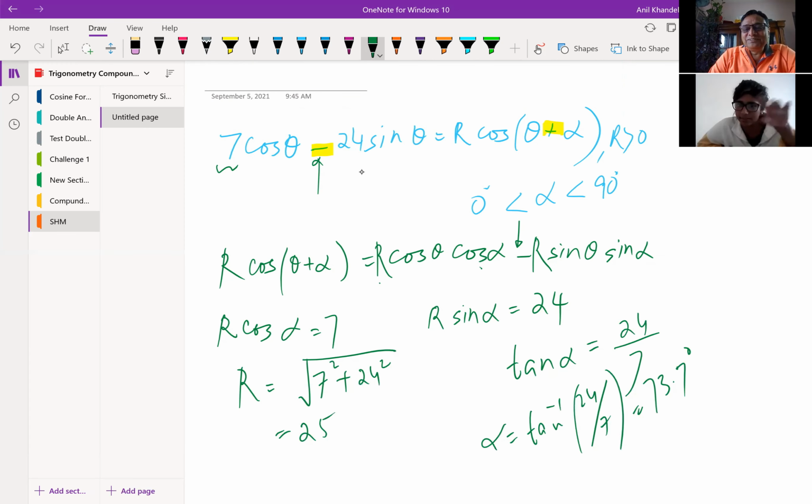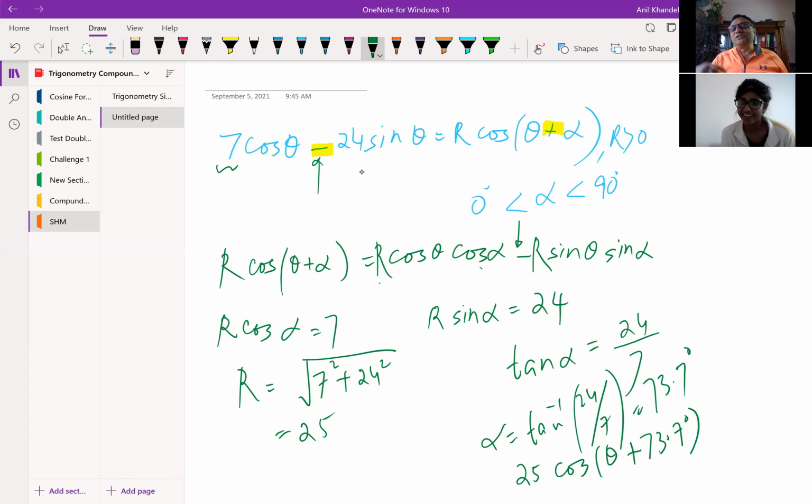We know it's in the domain because it says alpha is between 0 and 90. So the answer is 25 cos bracket theta plus 73.7 brackets. That was like 4 marks. So any question like this on simple harmonic motion can be easily done by adopting these steps. And I like your approach that you know the formula. Write it down, okay? Write it down.